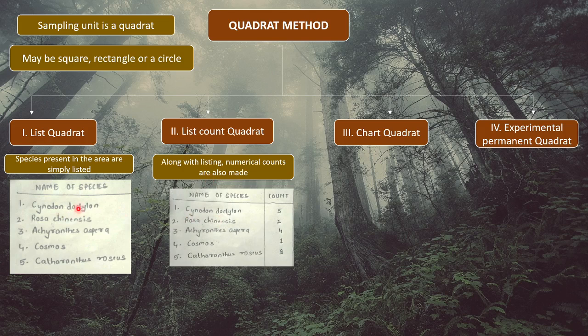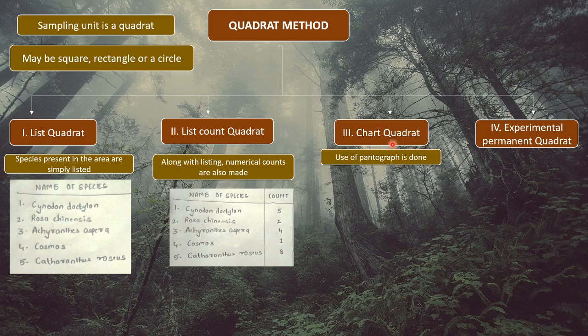As we saw, we had already listed the species, but now we will count the number of each species. So how many Cynodon dactylons are present? 5 are present. How many rose plants are present? 2 are present. Okay, how many Cosmos are present? 1 is present. So we are also taking a count of the species, and then it is called list count quadrat.